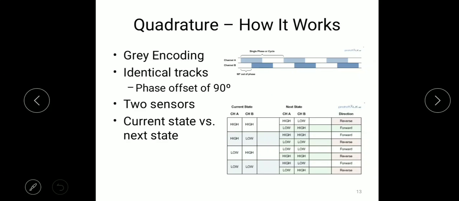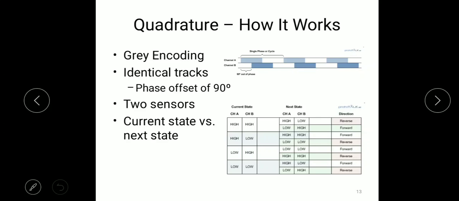How does the quadrature work? Based upon the gray coding, identical tracks are made 90 degrees out of phase. As I have said, we need two sensors.